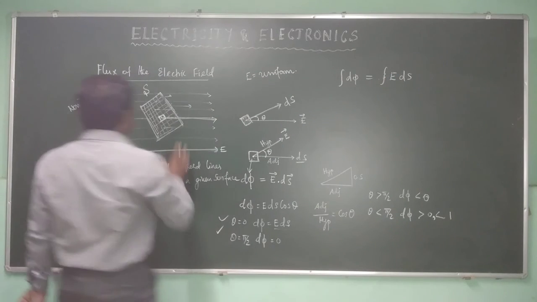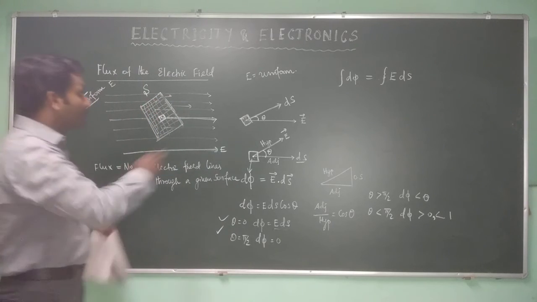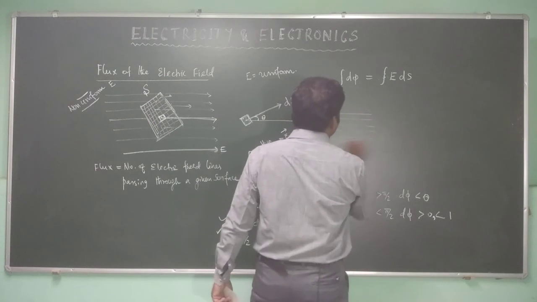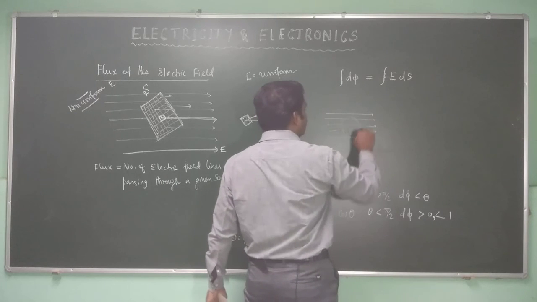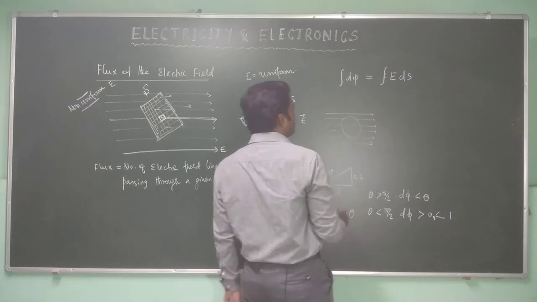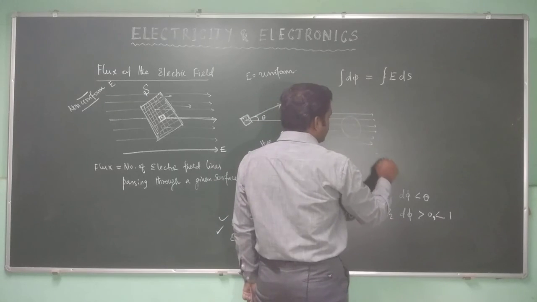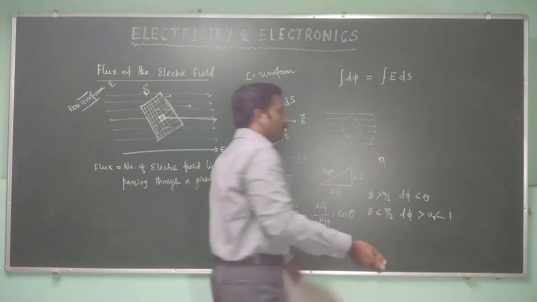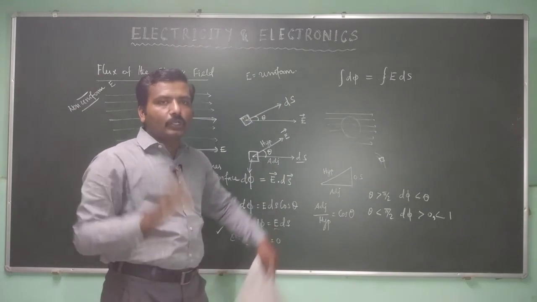Suppose instead of a sheet, we consider a sphere. For example, this is the electric field line, and within it you have considered a sphere. If you consider only a small area of it, and now want to extend to the entire sphere, a sphere is a closed surface.